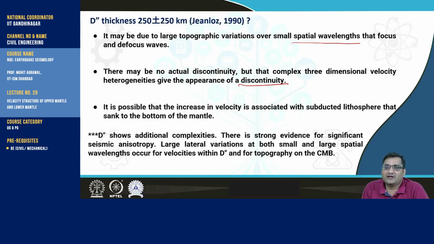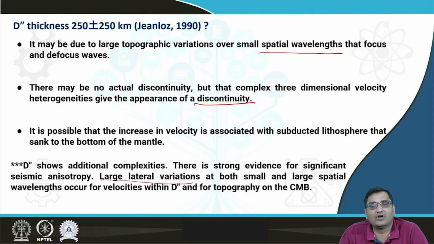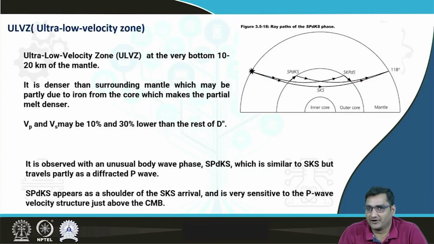There might be strong evidence for significant seismic anisotropy in the D double prime layer. These large lateral variations at both small and large spatial wavelengths occur for velocities within D double prime and for topography on the core mantle boundary.